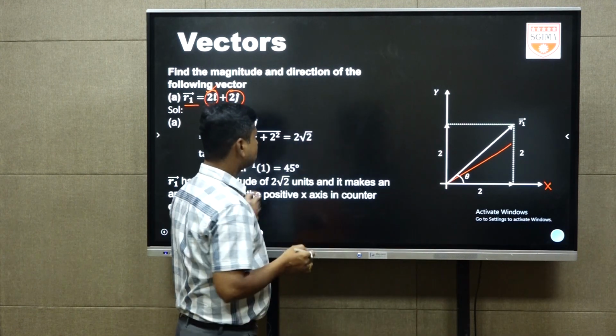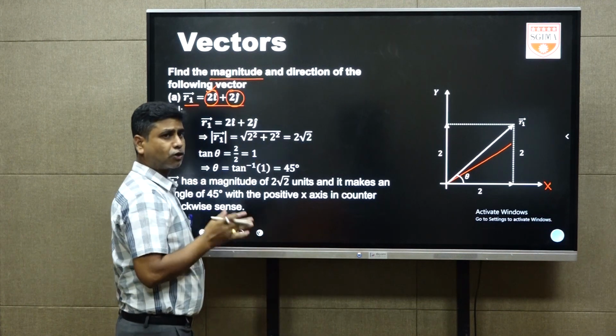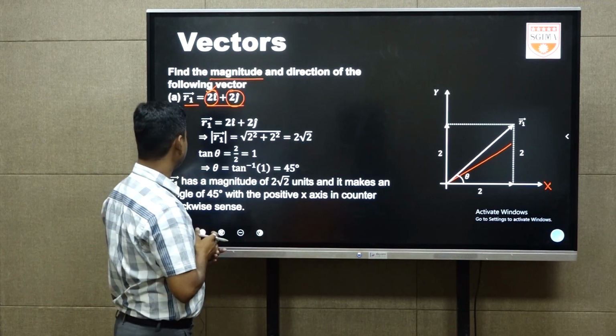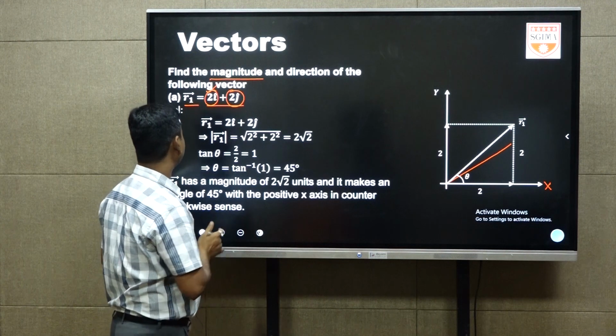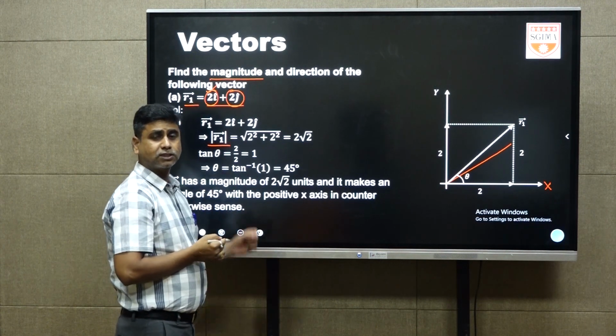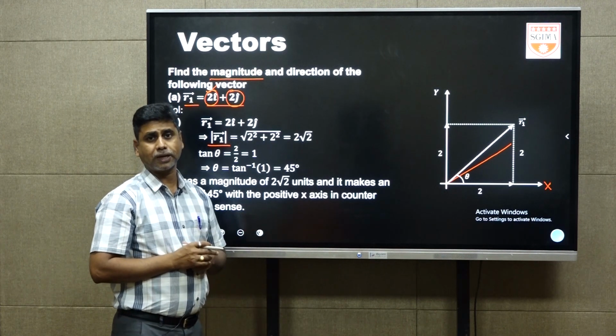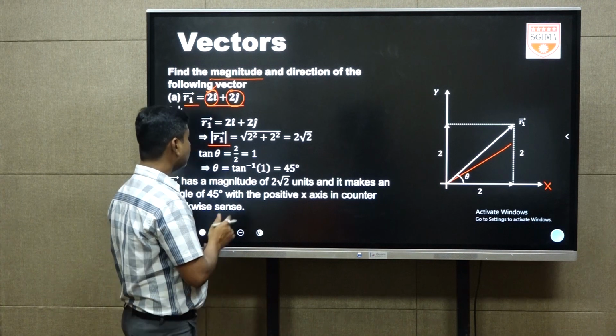First, calculating the magnitude. We already discussed in previous lectures how to calculate it. Modulus of r equals the square root of the square of the component along the x axis plus the square of the component along the y axis.